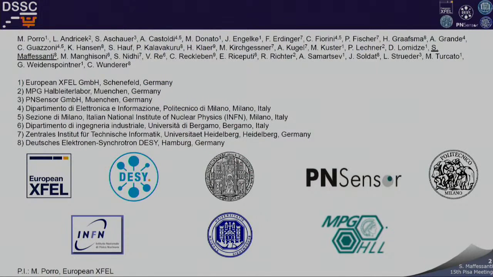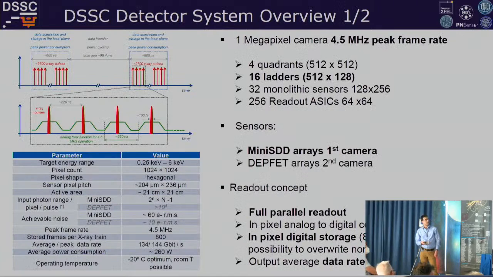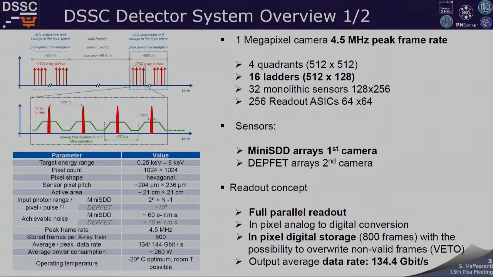I present this on behalf of the DSSC collaboration. DSSC stands for DEPFET Sensor with Signal Compression, which is a megapixel camera designed for soft X-rays in the energy range between 250 eV and 6 keV, and it has to cope with the bunch structure of the European XFEL, where up to 2,700 X-ray pulses separated by 220 nanoseconds arrive every 100 milliseconds.